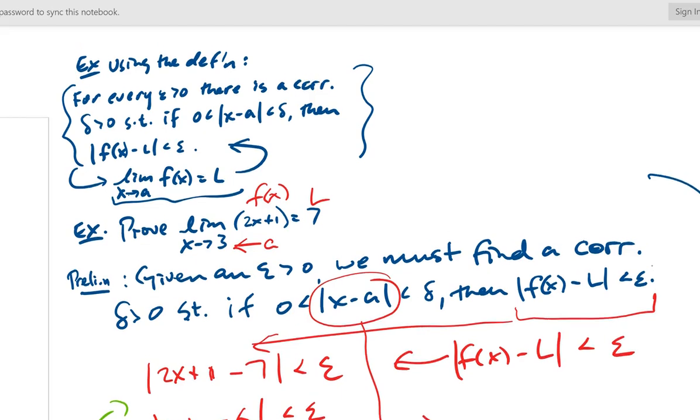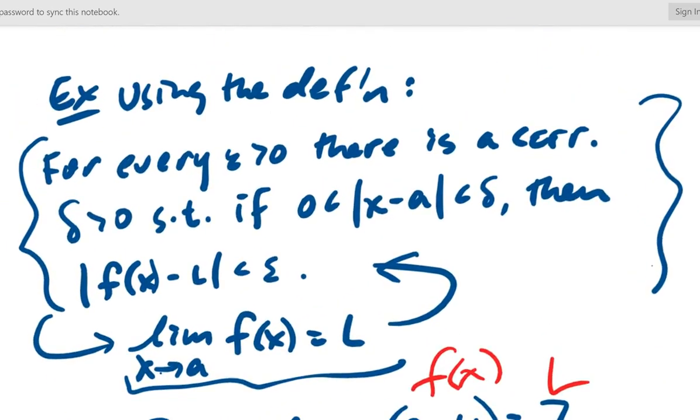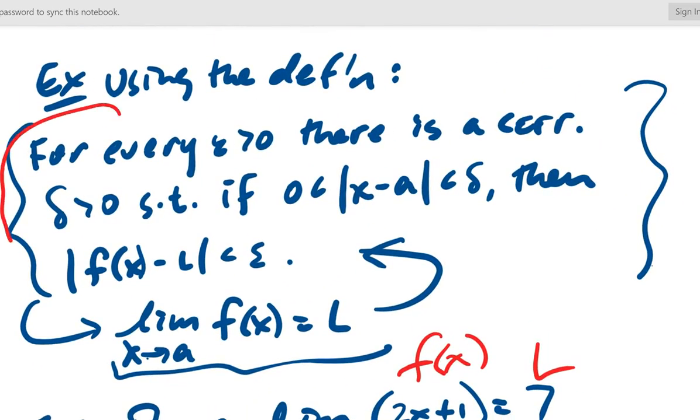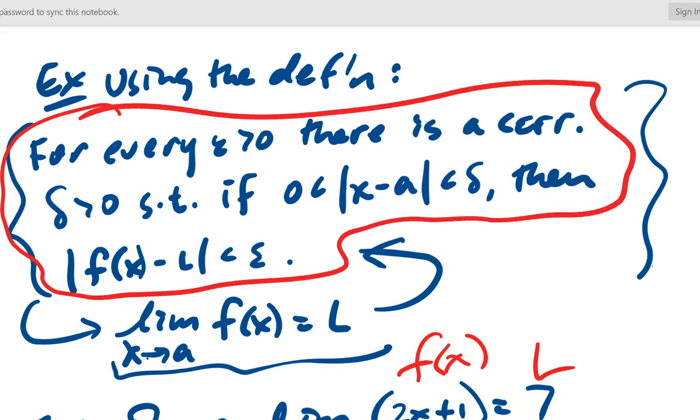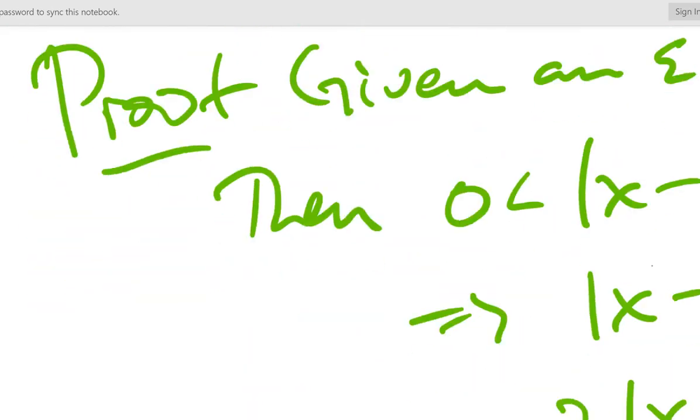Where I'm getting this all is from the definition. It says, using the definition, for every epsilon greater than 0, there's a corresponding delta greater than 0. So I'm saying, given an epsilon greater than 0, we must find a corresponding delta greater than 0. That's where I'm going next.